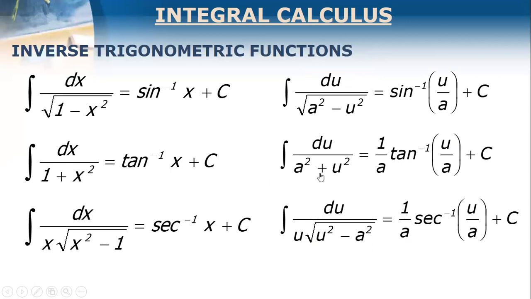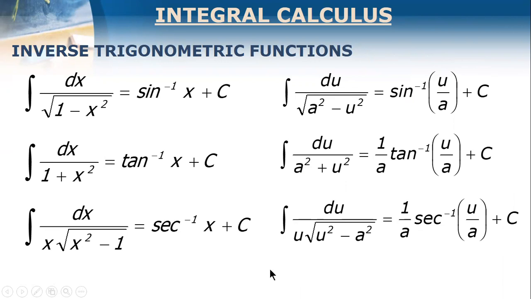So maybe you can solve it by simple u substitution, or square root of a squared plus u squared. So it's not arc sine. So this will be the result only if these are the forms.